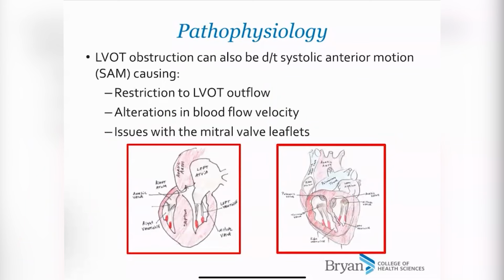Obstruction can also be dynamic and be due to systolic anterior motion, or something that is referred to as SAM. This is basically just a description of restriction to the left ventricular outflow tract that can occur in a dynamic situation.